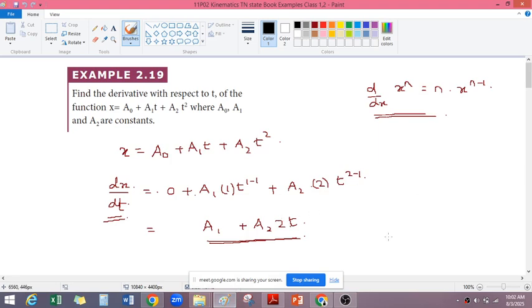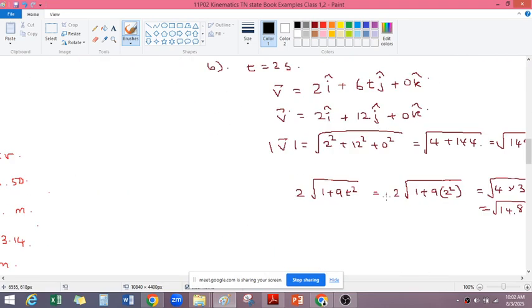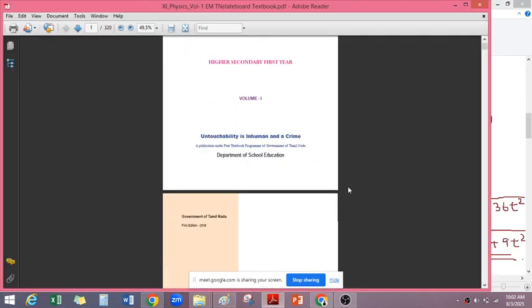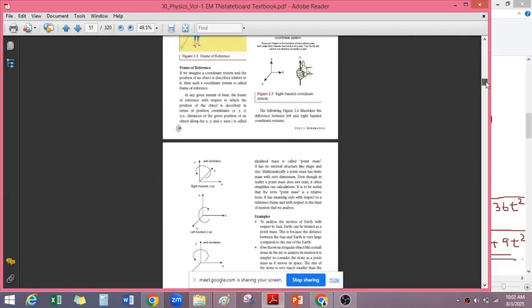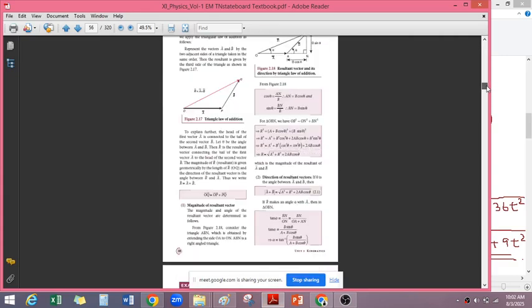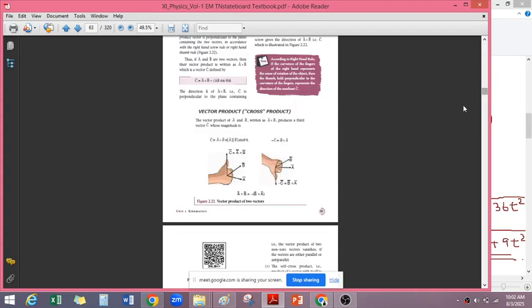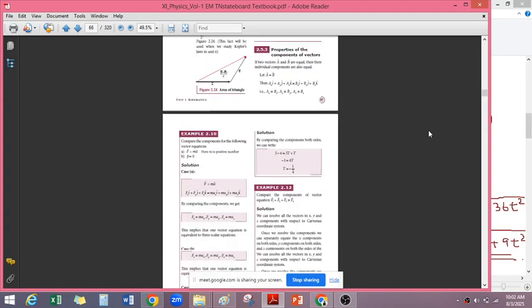Okay, let's see. Last class, I think we did these vector problems. 2.21. We can continue with some more topics here to make sure that your basics are thorough.